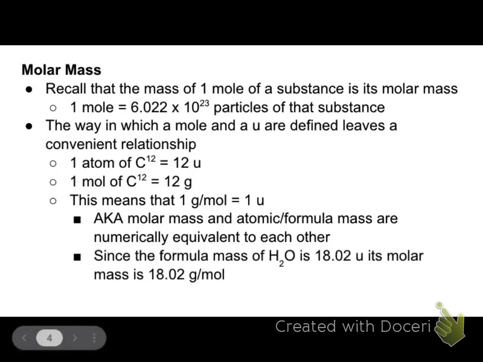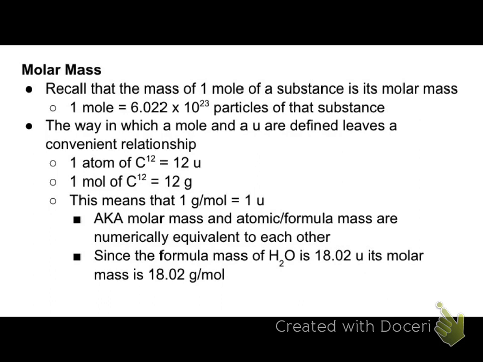So, since the formula mass of H2O is 18.02 U, then its molar mass would be 18.02 grams per mole of water. So a mole of water would not be just 6.022 times 10 to the 23rd particles, like atoms.